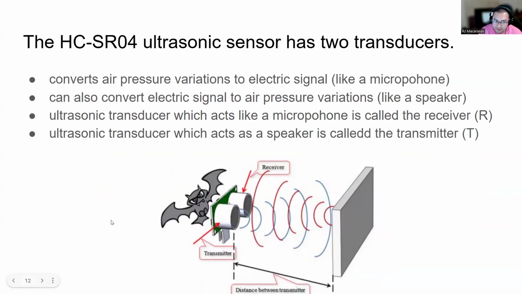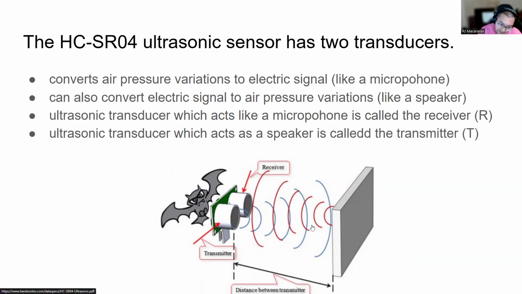And then getting into the HC-SR04, we've got two transducers, as I had mentioned before. We have one that acts like a microphone in the sense that it's receiving these air pressure variations and converting them to an electric signal, much like the microphone. But we've also got a separate transducer that's converting the electric signal into air pressure, kind of like a speaker, right?